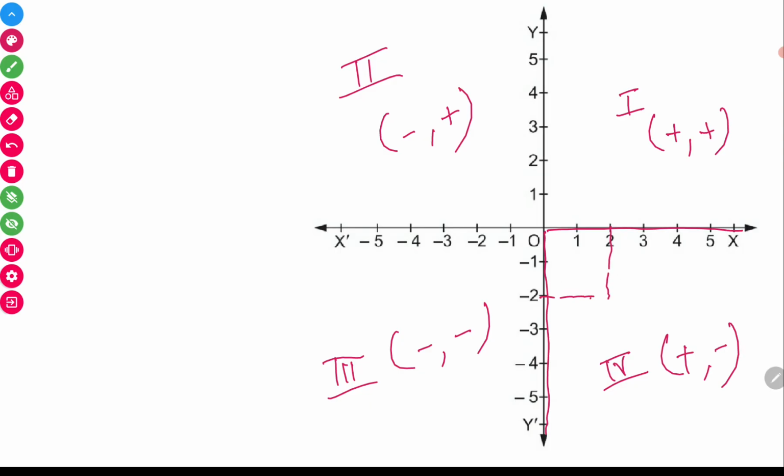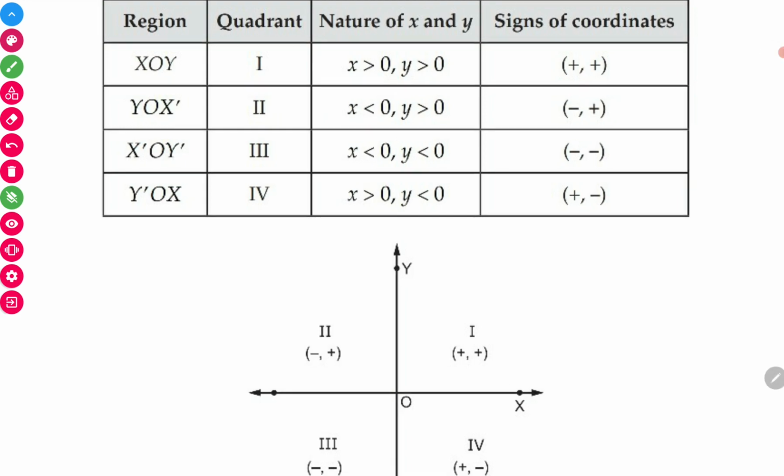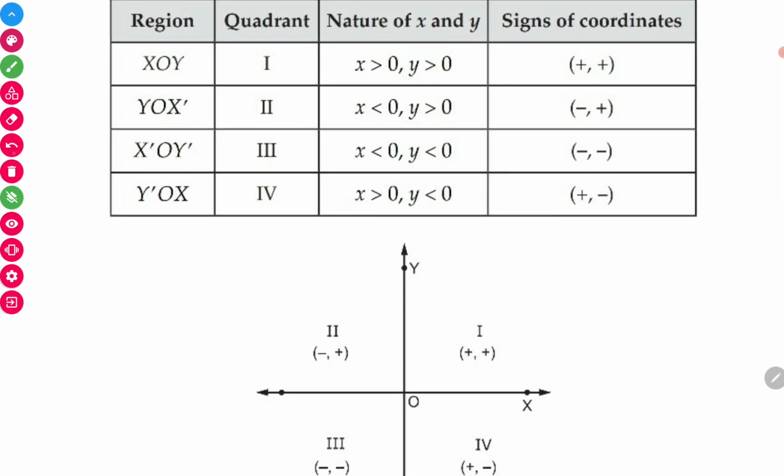Suppose you take this point, x is 2, y is -2. So in this quadrant, x will always be positive and y will be negative. We have arranged that in your chart like XOY. This is the first quadrant.